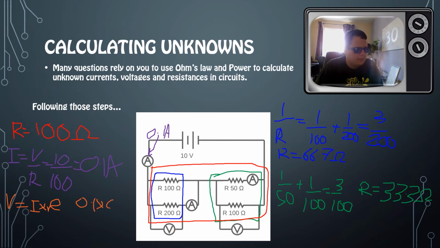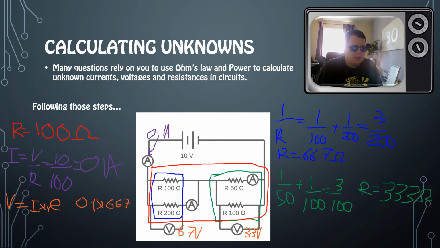So that's 66.7. So this one is going to be 6.7 volts. And this one is going to be 3.3 volts. I know this one here is going to be 3.3 volts because this plus this must equal 10. Whatever voltage we start off with is going to be used up by the time we get back. So 6.7 plus 3.3 equals 10.